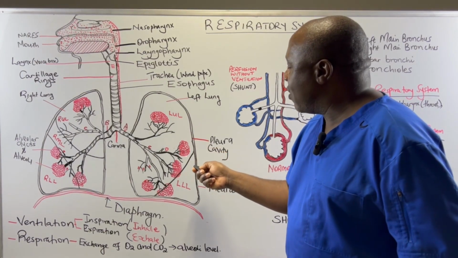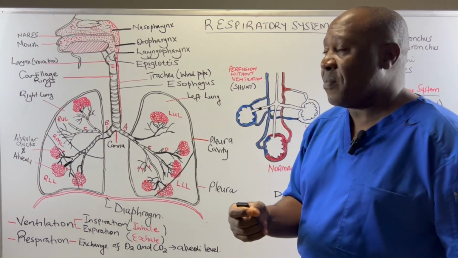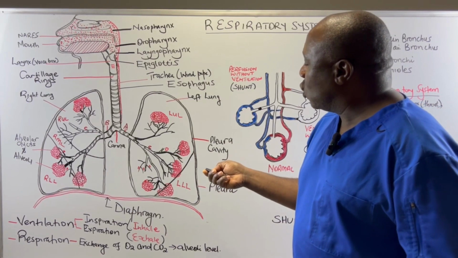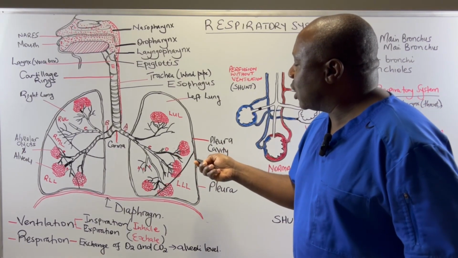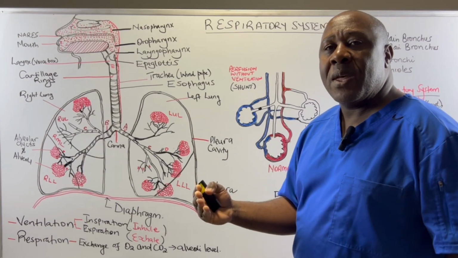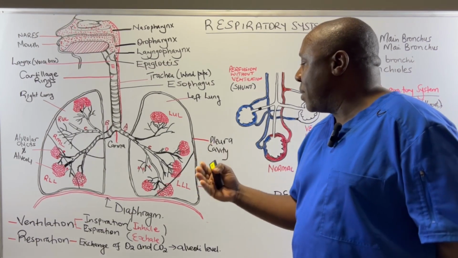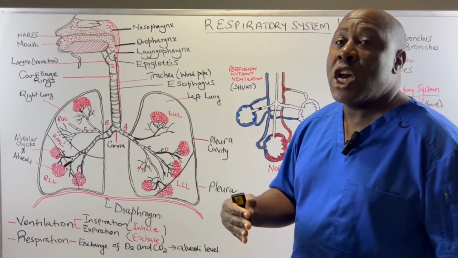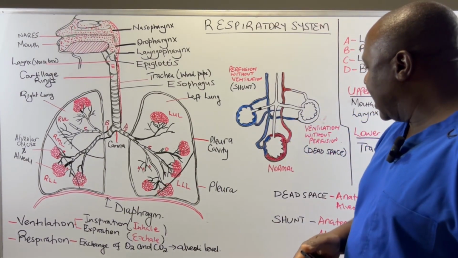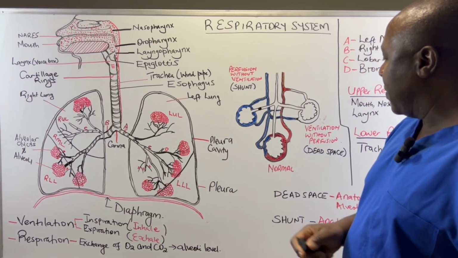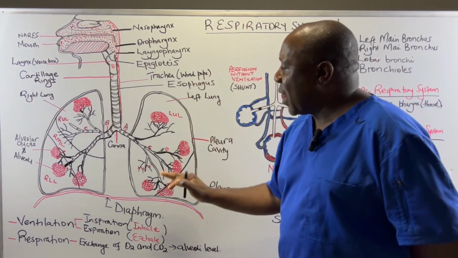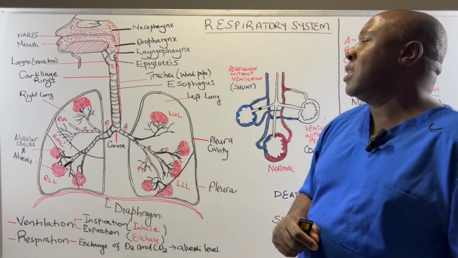The alveoli have got a thin membrane, and as such, gases are able to pass through this respiratory membrane. Oxygen goes from the alveoli into the bloodstream and carbon dioxide from the bloodstream into the alveoli to be expelled from the body. And remember, we said that this is as a result of diffusion. So that is the main function of the respiratory system.